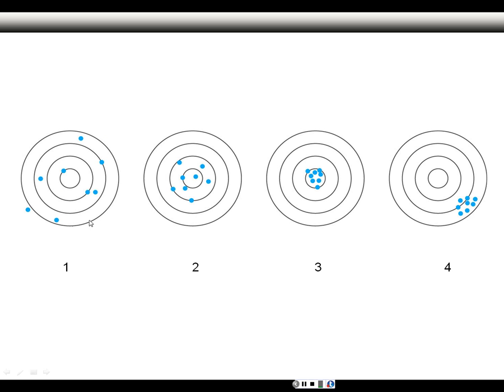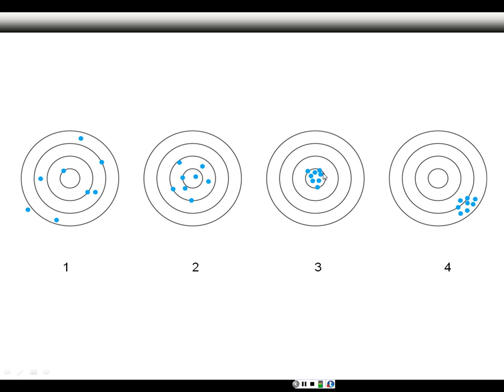So this first example has neither precision nor accuracy. In the second case, the scatter is somewhat less, but it's still fairly high. However, it is clustered fairly close to the bullseye. So again, precision's not great, but accuracy is better. If I look at the center of this scatter, it does come close to the bullseye. So it's accurate, it's just not very reproducible.